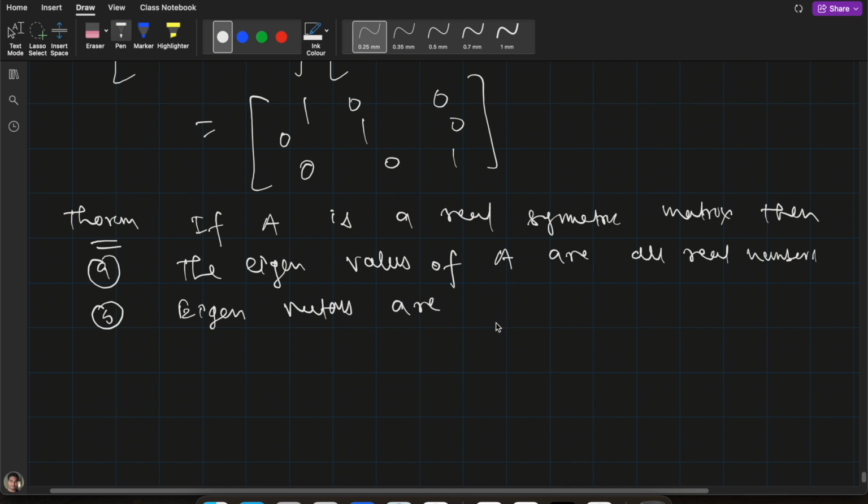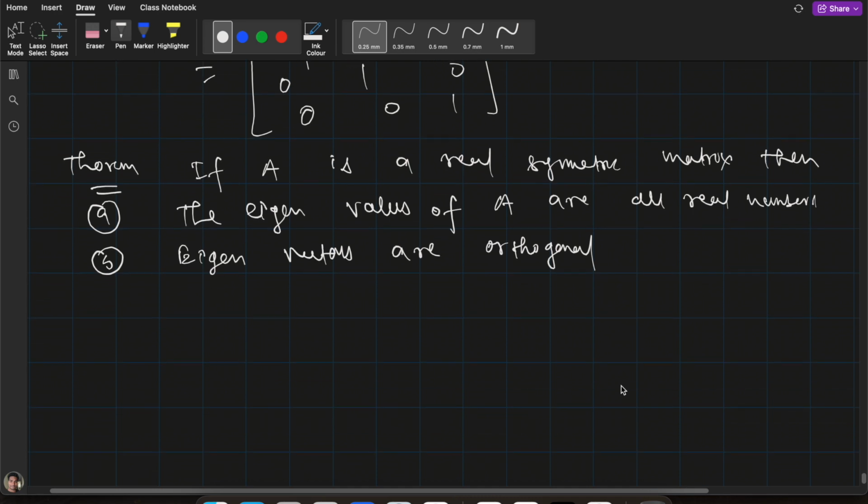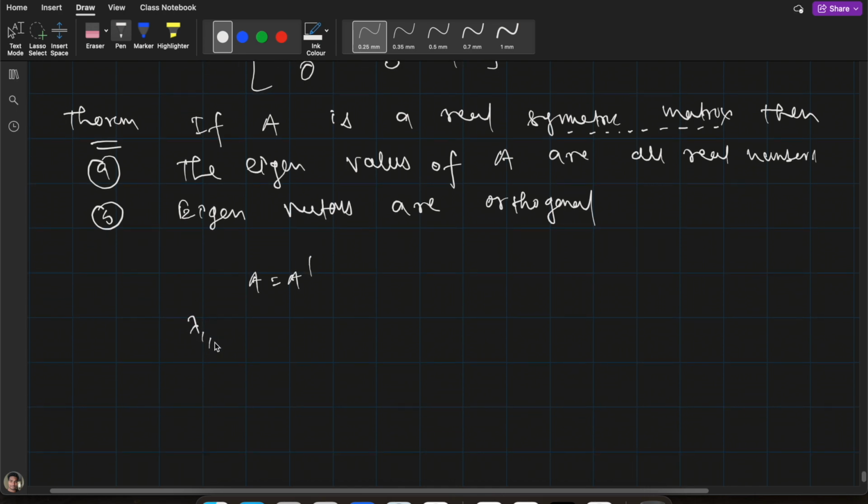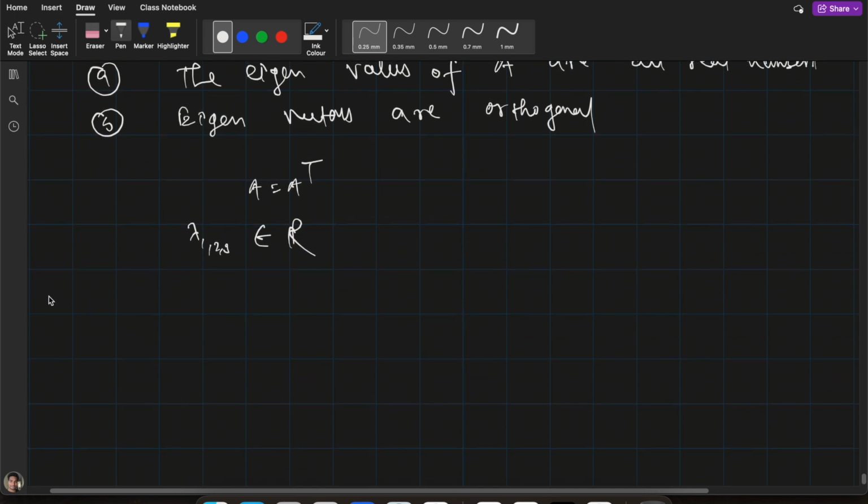I just told you. Eigenvectors are orthogonal. Okay? So the first property is, if the matrix is a real symmetric matrix, I mean all entries are real and it is symmetric, then all eigenvalues always belong to the real numbers. Okay? Let's prove this. How it is happening.